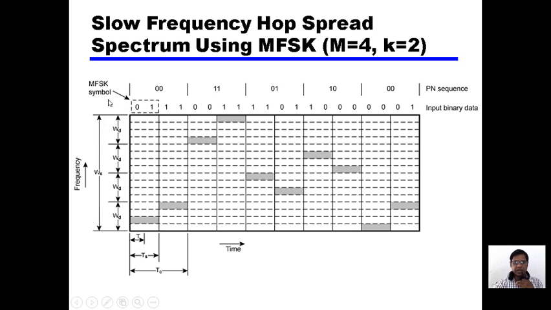See here, message frequency shift keys. The signal it is transmitting goes here as 0, 1, 0, 1. It is considering 3 bits, and converting them into 0, 1, 1, 1, 0, 0, 1, 1, 1, 1, 0, 1.